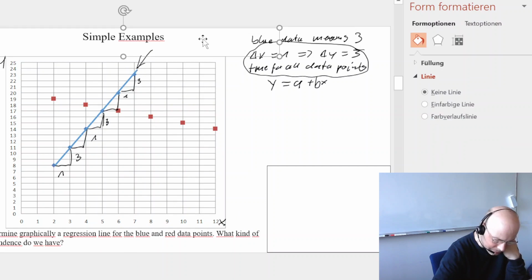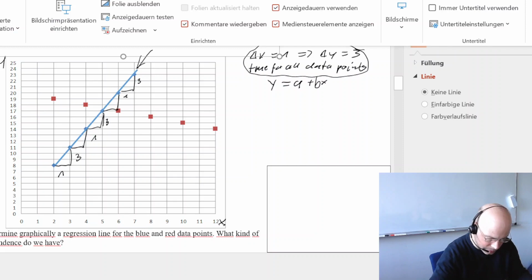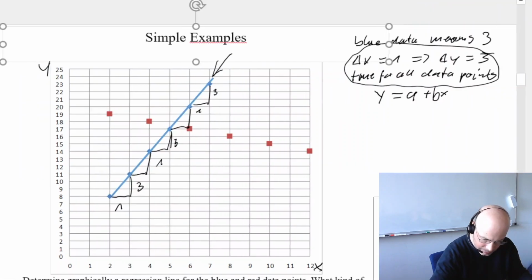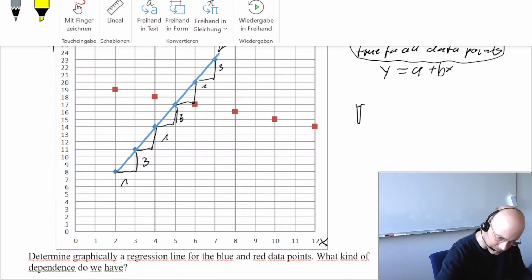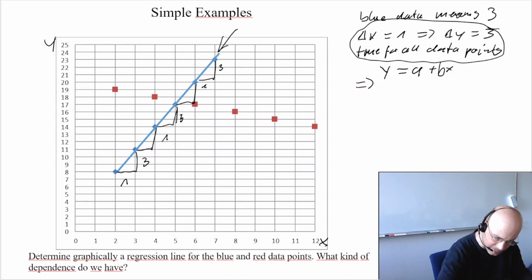So, yes, of course, b is 3. That's my mouse. Up. There it is. So then, of course, we have b is delta y over delta x is 3.